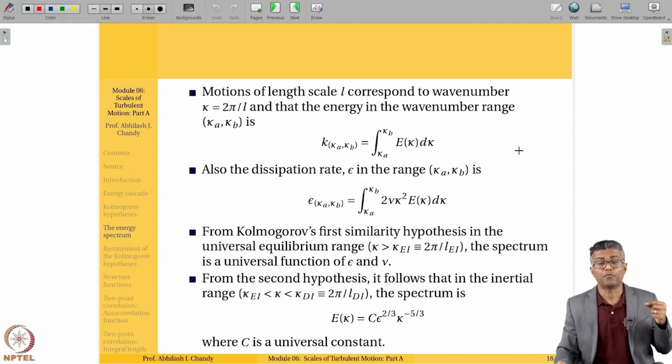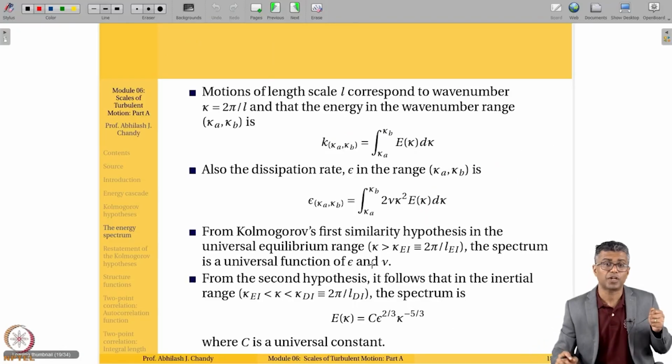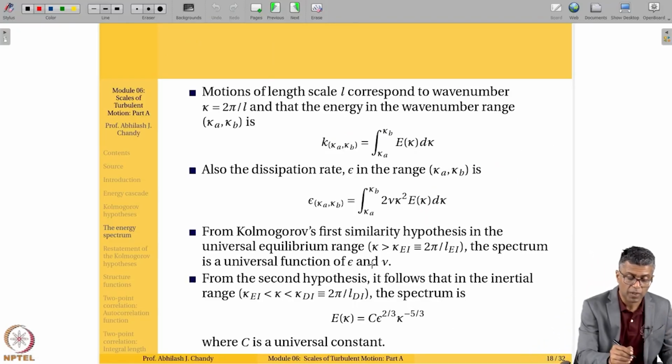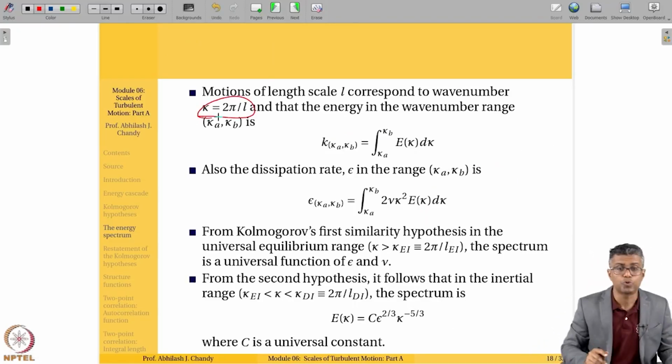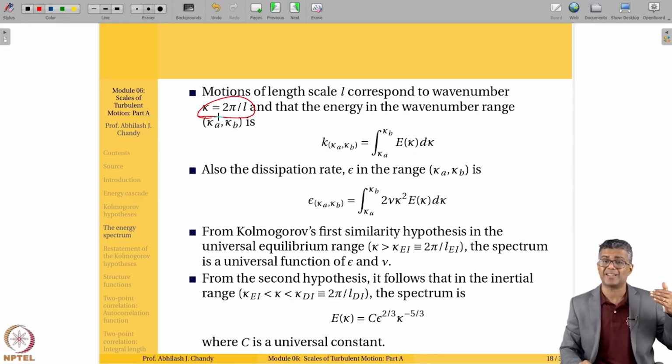Think in terms of wave numbers, which is what the x-axis consisted of. So let's say the wave number is 2 pi over L. That's how a wave number is defined. The important thing is it is the inverse of the length scale.